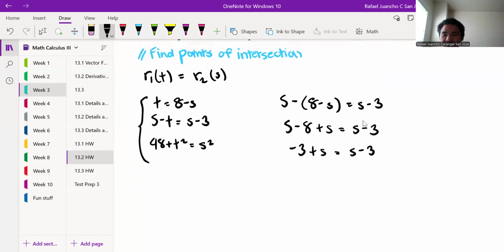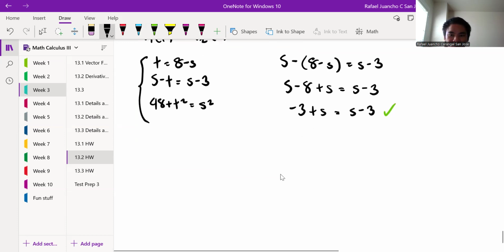Now we can continue solving for S. Actually, we can't continue. Huh. So we actually can't continue doing that. But here we can see it works because these are definitely equal. So we can't manipulate anything here anymore.